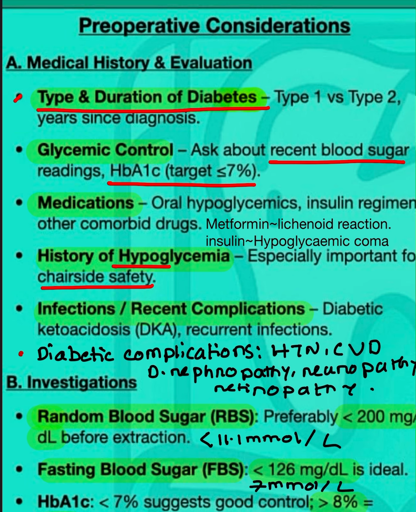Is it type 1 or type 2? Then we'll ask about his glycemic control, and when he last did his blood glucose test. Then we'll ask about medication, whether he is taking metformin or another hypoglycemic drug or insulin.